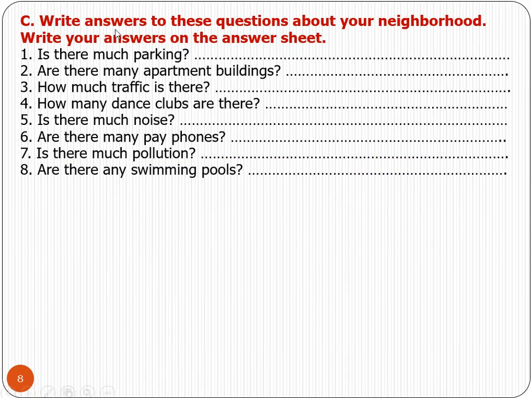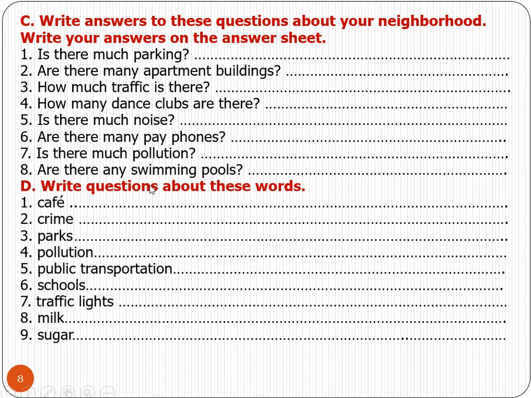So write answers to these questions about your neighborhood. You can write the answers here and write your answers on the answer sheet. For example, is there much parking? And then you just write your answers there. And next one, write questions about these words.